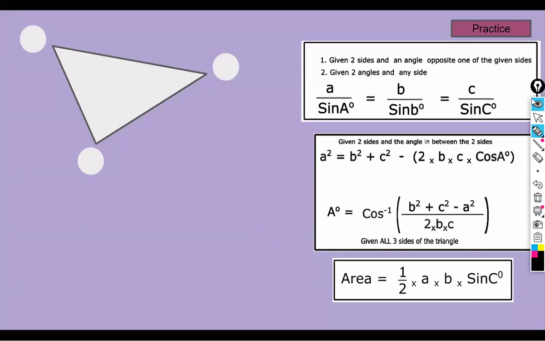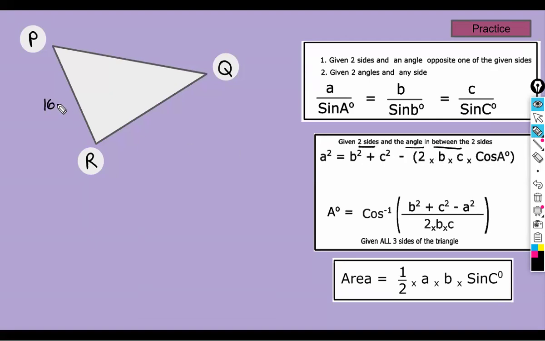Right, so let me develop a question here for you guys. We're going to practice the first one on top. So I don't want to use A, B, and C. I'm going to use P, Q, and R. Capital P, capital Q, capital R. Draw the diagram, and I'm going to give you two sides and an angle in between the two sides.